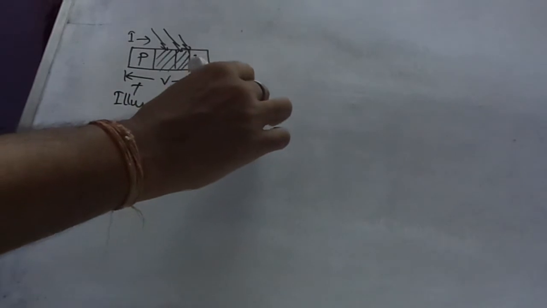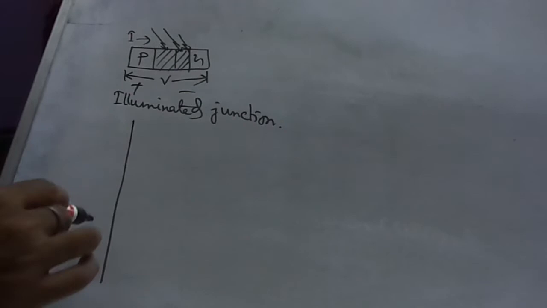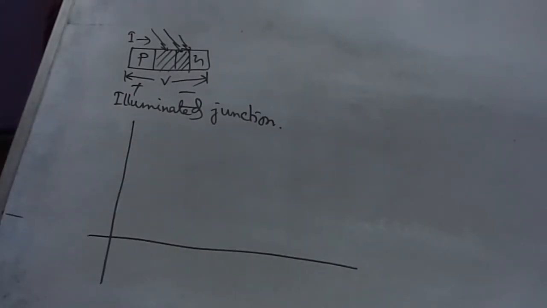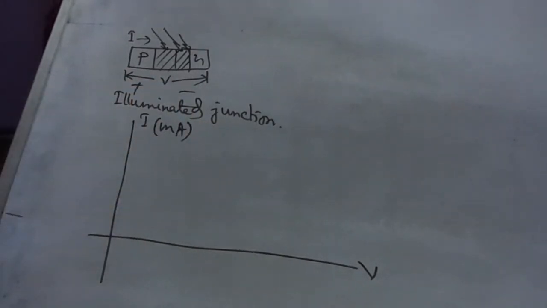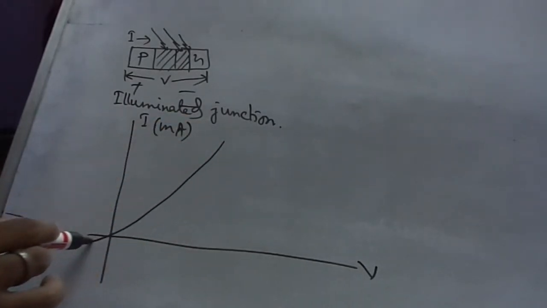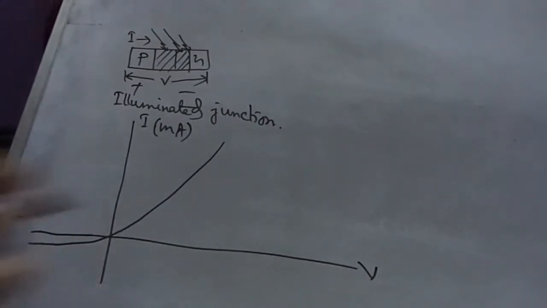Illuminated junction. If you draw the IV characteristics of a dark and illuminated PN junction, one axis is I in mA, another is the voltage V. For dark the graph is like this.